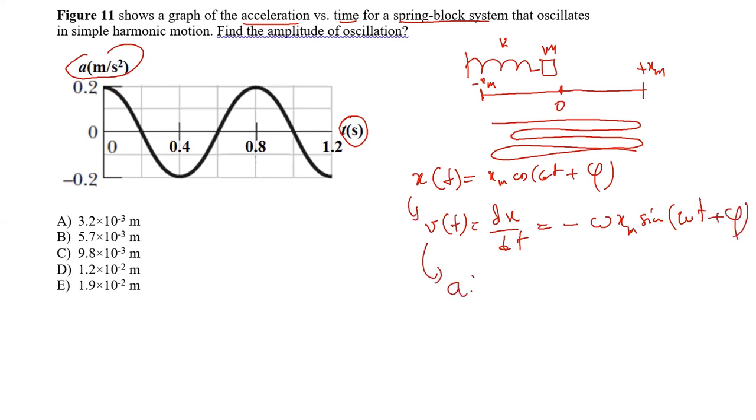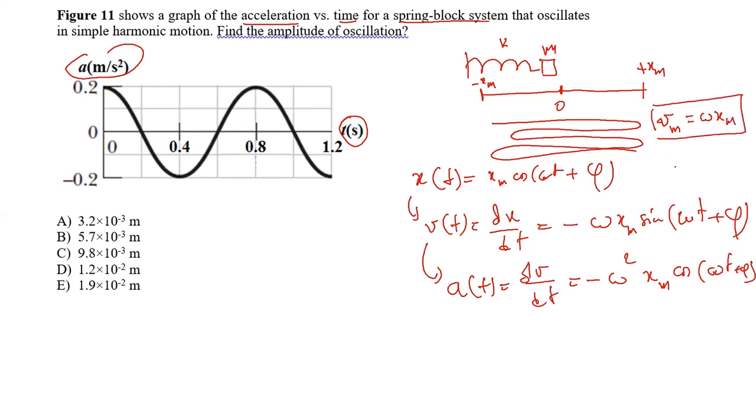The second derivative gives the acceleration, the first derivative of the velocity with respect to time: minus omega squared xm cosine(omega t plus phi). Let me remind you that the maximum velocity, the amplitude of the velocity, is omega xm. And the amplitude of the acceleration, the maximum acceleration, because the cosine is between -1 and +1, is omega squared xm.